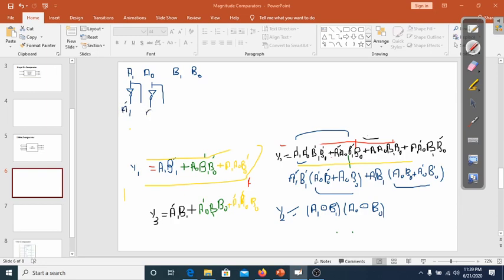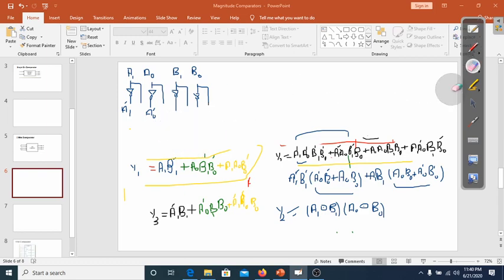This is A naught complement and this is A naught. Similarly B1, the NOT gate, B naught prime and B naught.